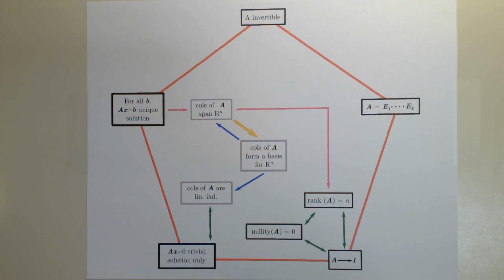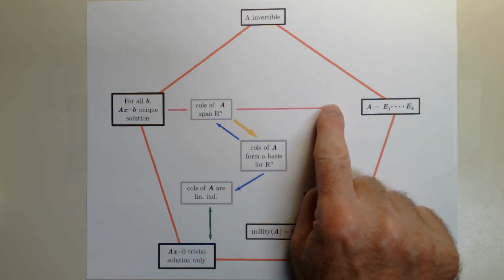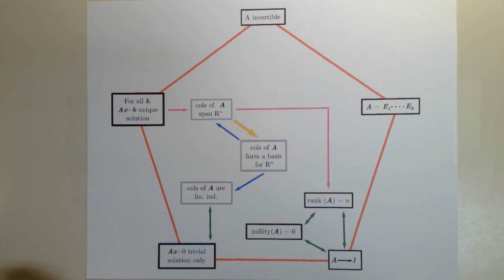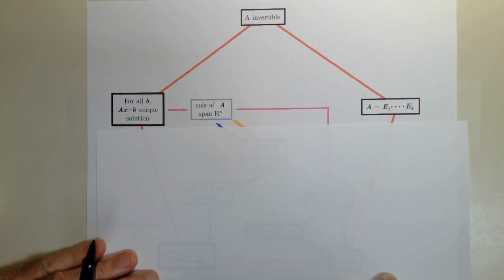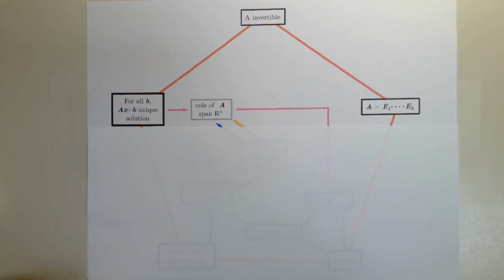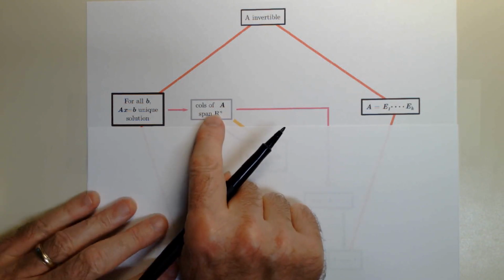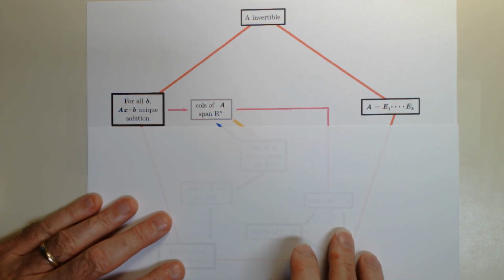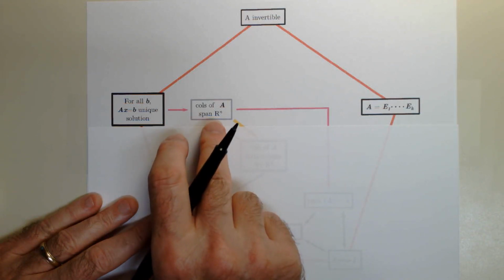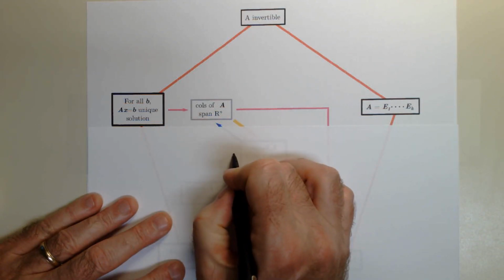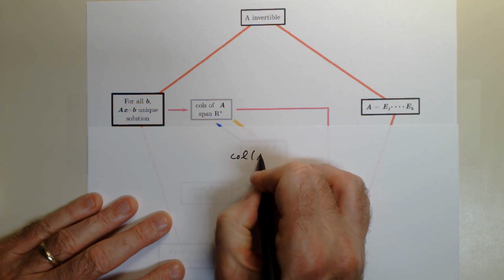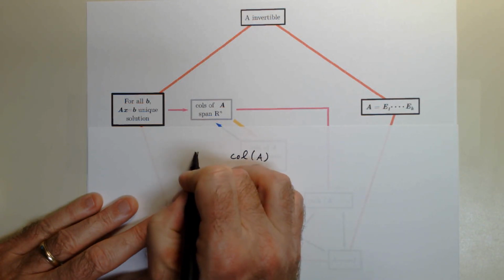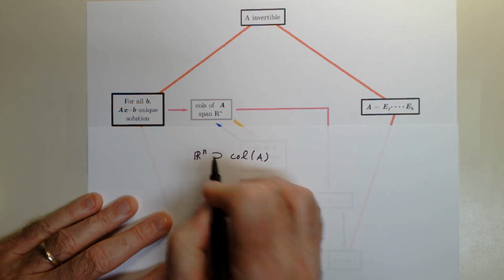Next, let's study this longer pink implication arrow, and this is going to require us to stack a few ideas together. Let's begin by noticing that each column of the matrix A is a vector in Rn, so that the column space of the matrix A is a subspace of Rn.